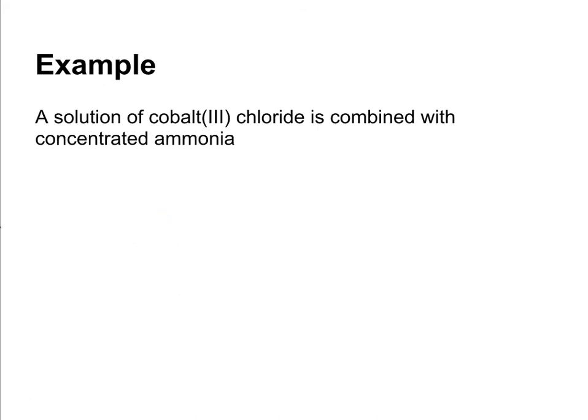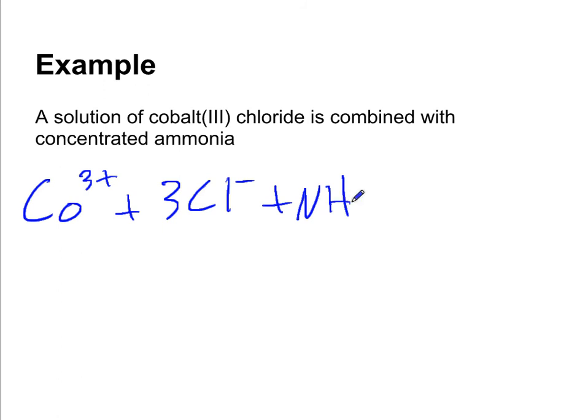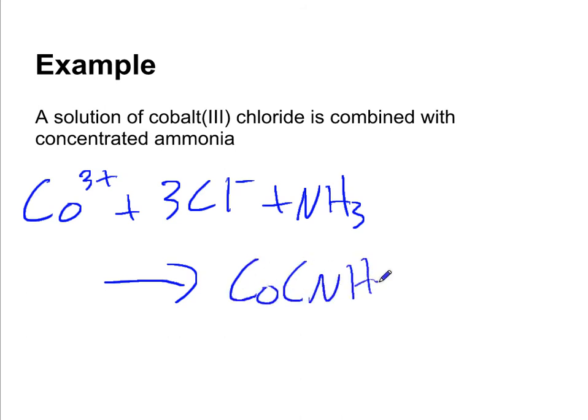Cobalt-3 chloride is our soluble salt. So we've got cobalt plus 3, and ammonia is going to be our ligand, NH3. So our complex ion is going to form between cobalt and ammonia. So we're going to write it as Co(NH3).